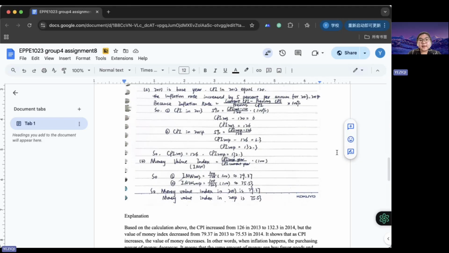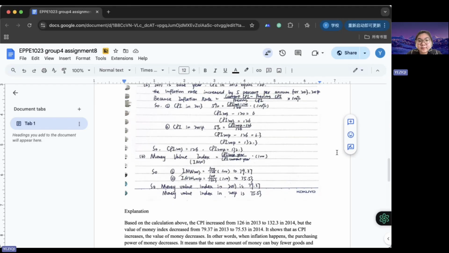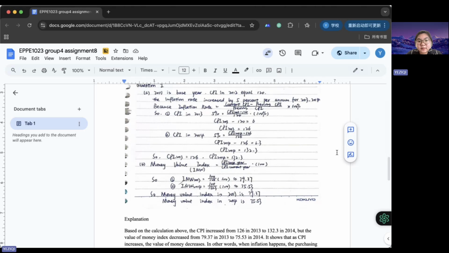So the CPI in 2013 is equal to 126. And the second, the CPI in 2014: 5% equals CPI in 2014 minus 126, divided by 126, multiplied by 100.